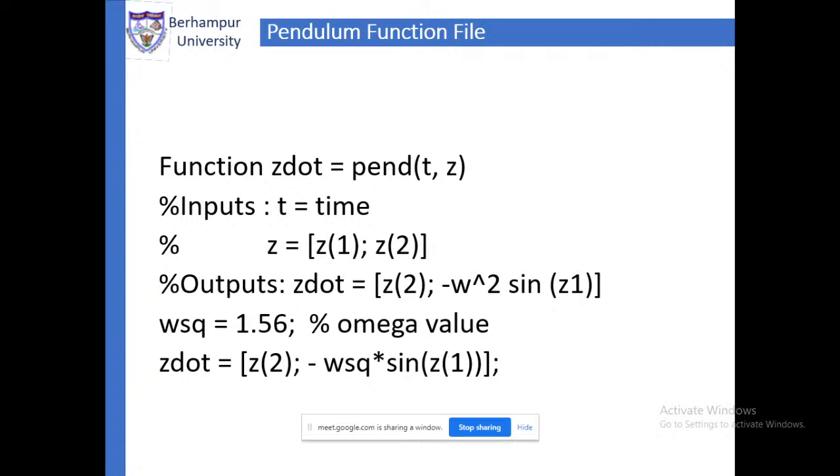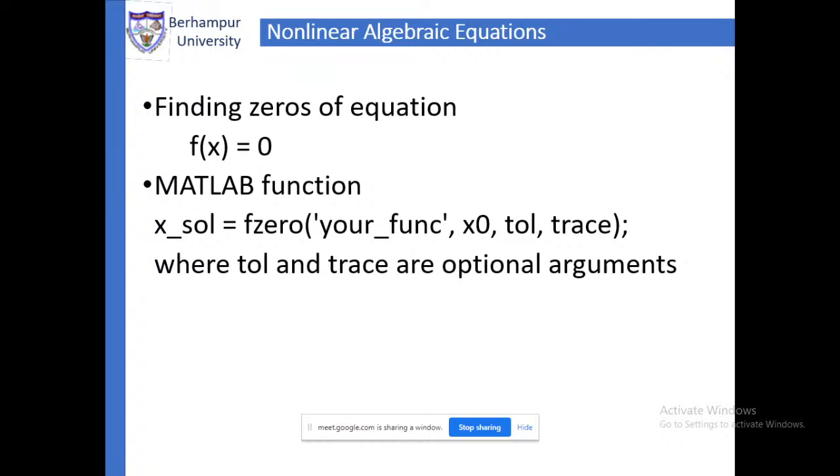You can take any given value. We are taking 1.56. You can take 2.89 or 1.32, anything that you want, or the value that is given to you. That value we can take as WSQ. Then z dot is equal to z2 comma minus WSQ star sine z1. Once that is done, it will solve the equation and give you the result.